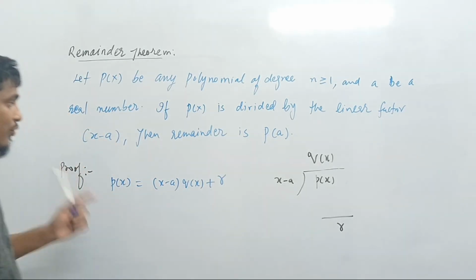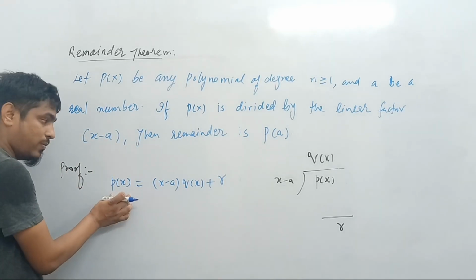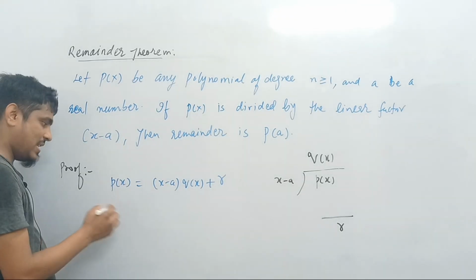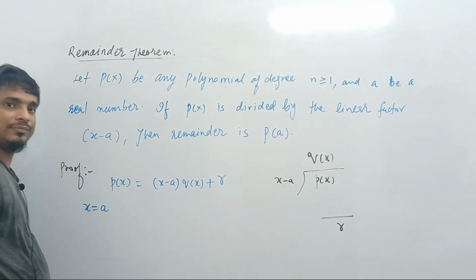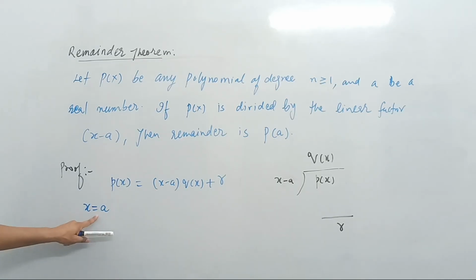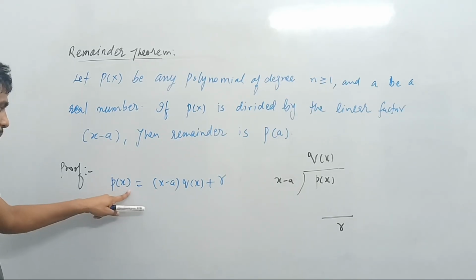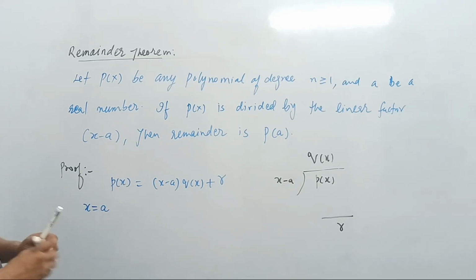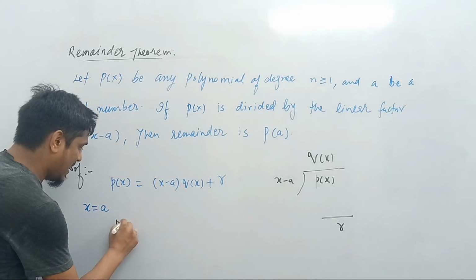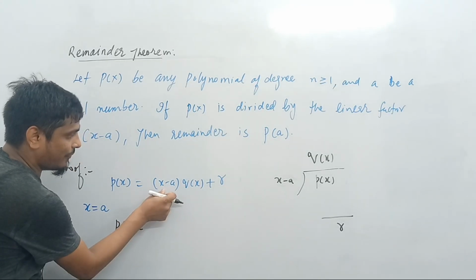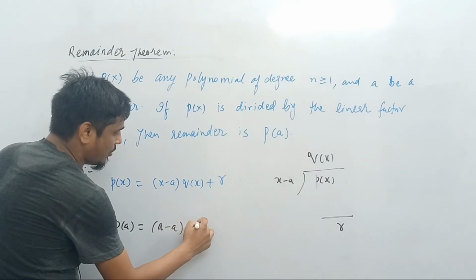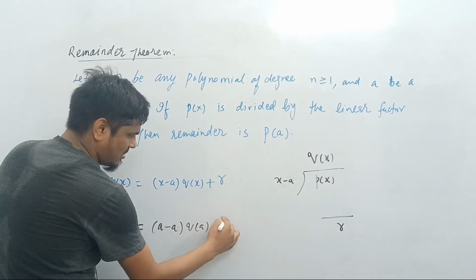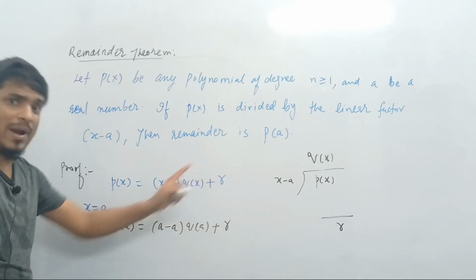Now let's try to find the value of this polynomial at x is equal to a. If I'm substituting x is equal to a in this polynomial, then that is going to give us p(a) is equal to, in place of x, a minus a, times q(a), and r is a constant, so plus r, where r is the remainder.